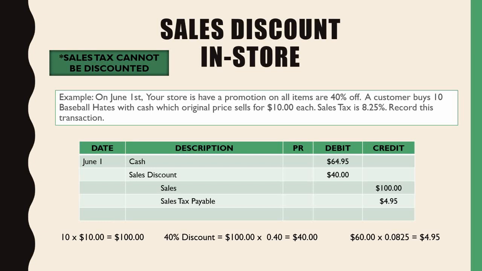But in the previous case, we are giving a discount sometime after the customer bought the item. Is that why we have different names, or we are using a different account to record the discount?